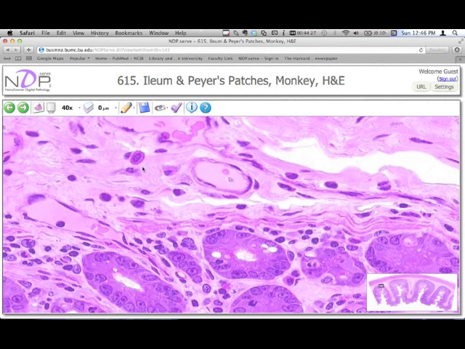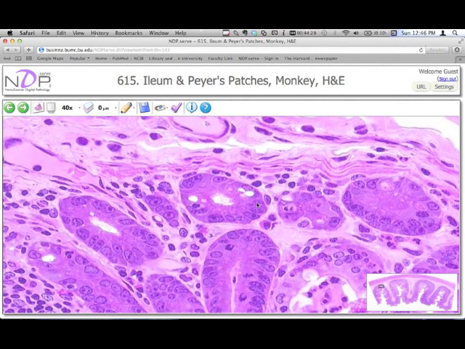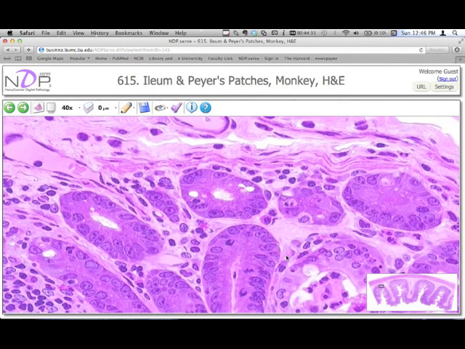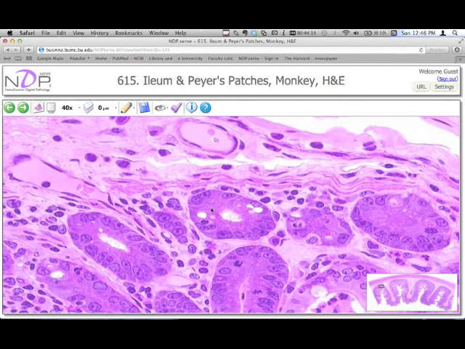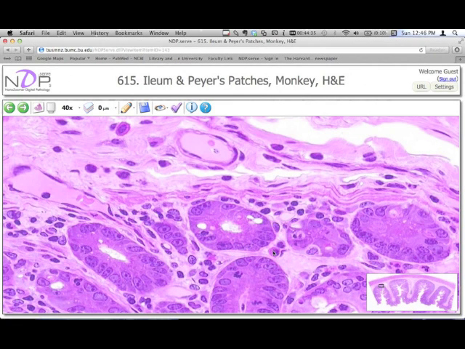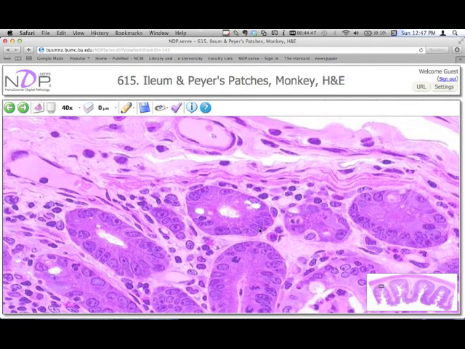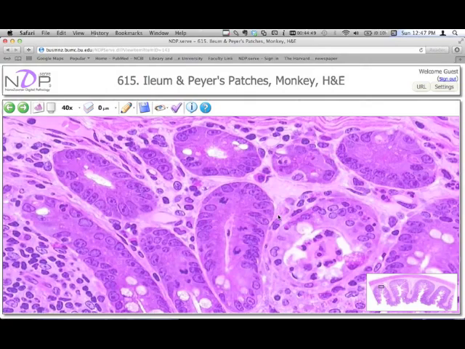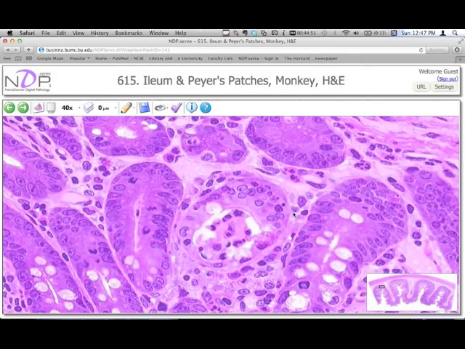Sometimes, in the optimal cases, you will identify granules that are distinct and nice and pretty, but sometimes fixation artifacts or staining artifacts will tend to merge these things together and make them clump. And so that's something that we definitely have to consider. Alright, so we have two mast cells, and so let's see if we can track down an eosinophil.